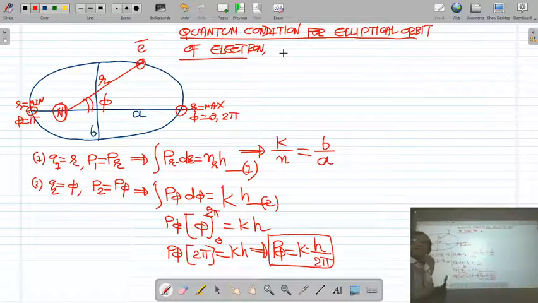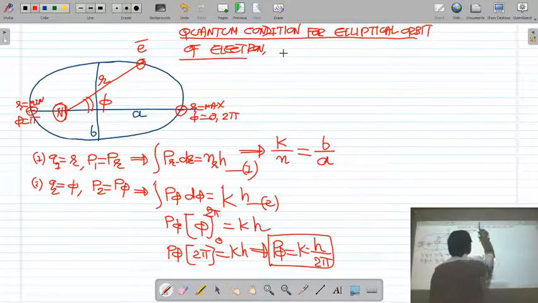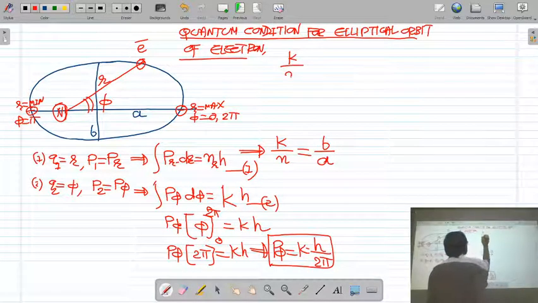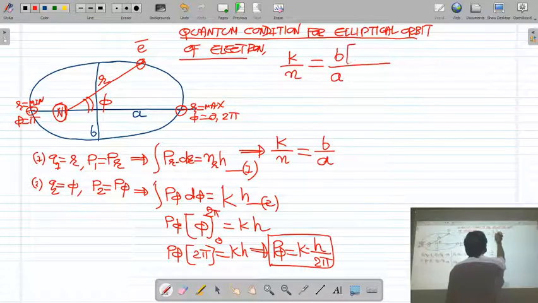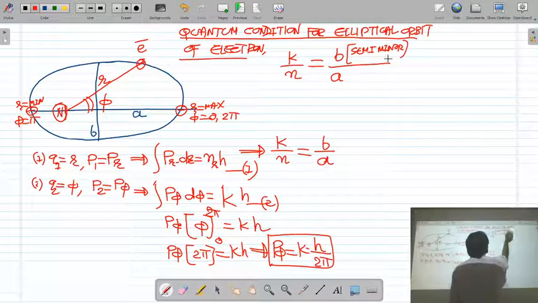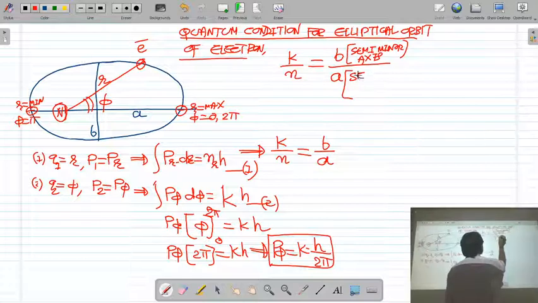So by solving the phase integral for the r coordinate, we got the quantum condition for the elliptical orbit of the electron, k upon n is equal to b upon a. What is b? Semi-minor axis. What is a? Semi-major axis.